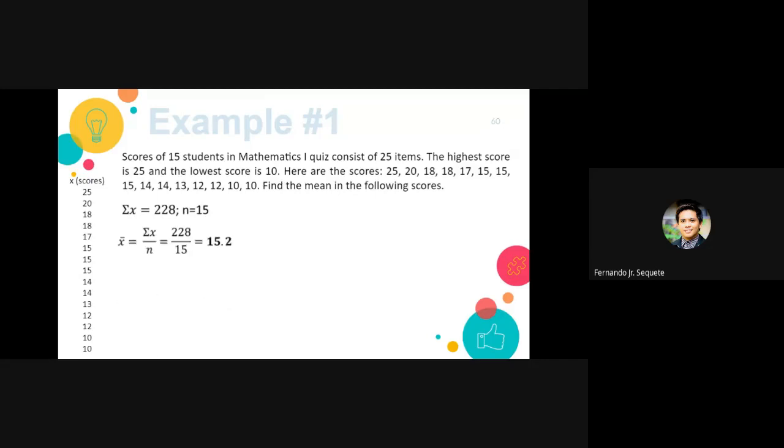All you have to do is use the formula and plug in. You have here 228 divided by 15, which is equal to 15.2. Okay. Sir, why do we need 15.2? Can we write 15? I would suggest that you really write the decimal places, children, if the value has decimal places.